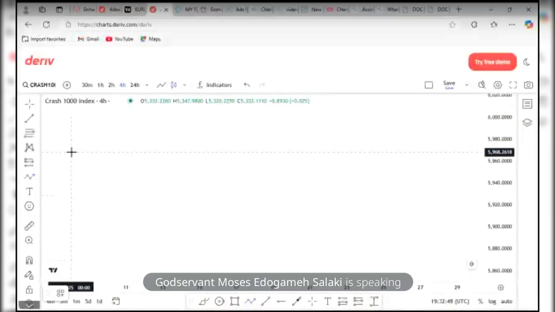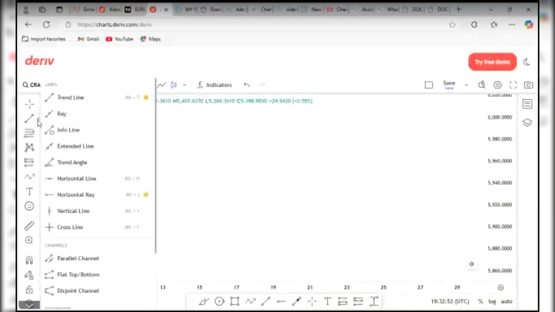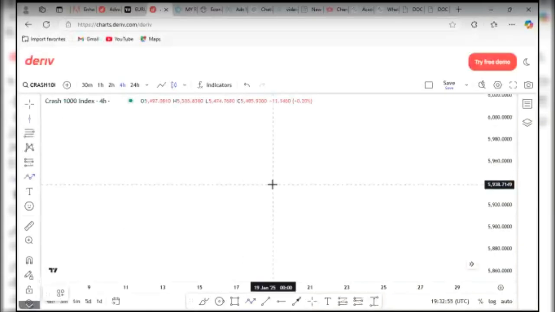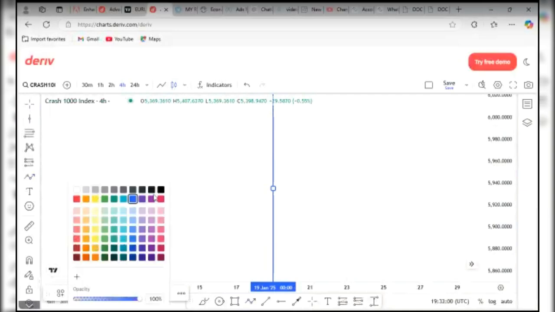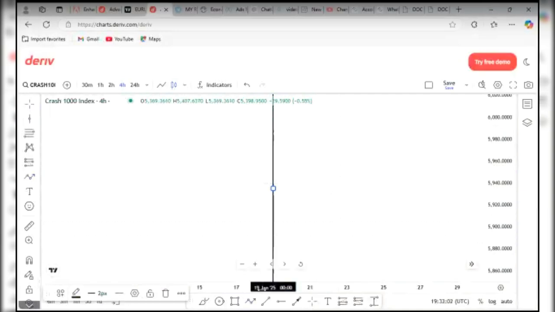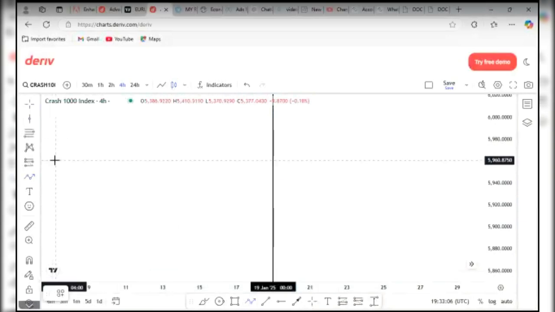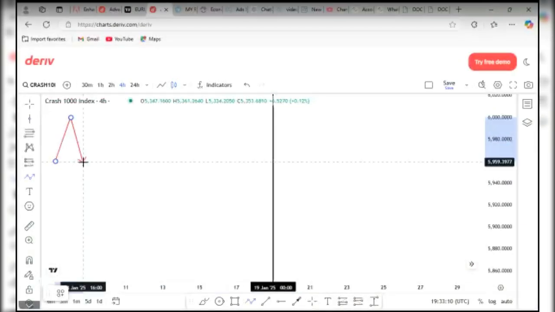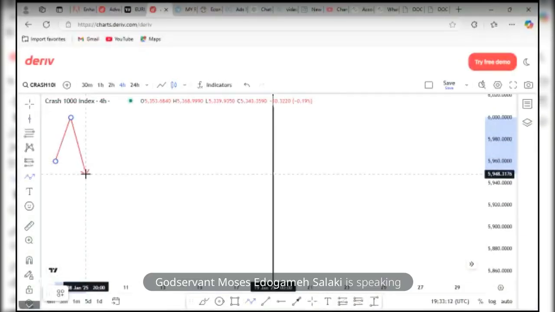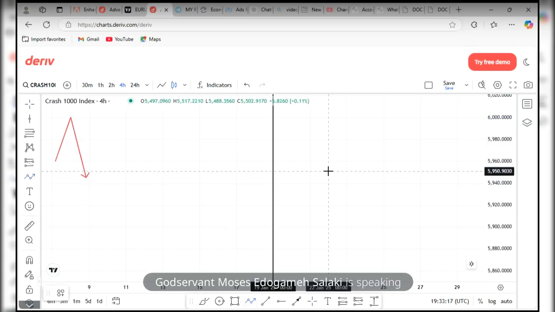So like what I said, we have an A-shaped key level, and we have V-shaped key level.